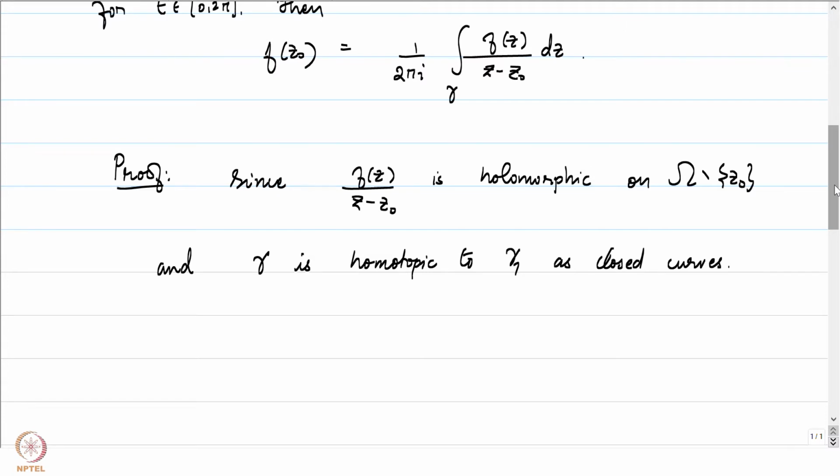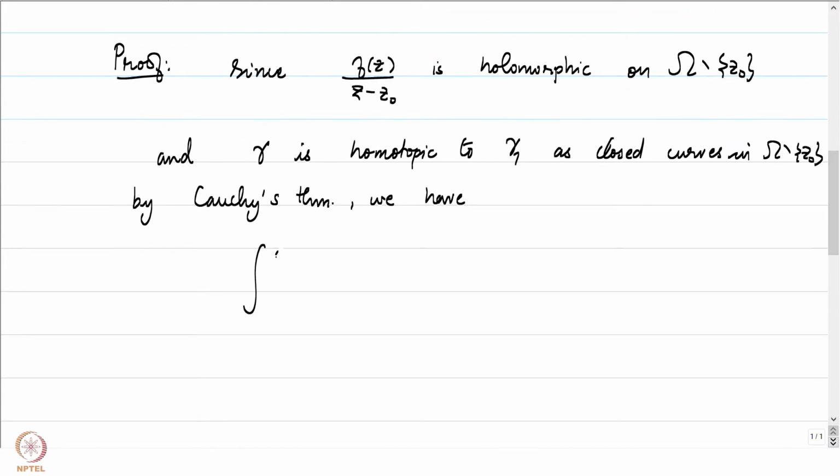Since gamma is homotopic to gamma 1 as closed curves in omega minus z0, and our function is also holomorphic there, by Cauchy's theorem we have the integral of f of z by z minus z0 over gamma to be equal to the integral of f of z by z minus z0 over gamma 1.